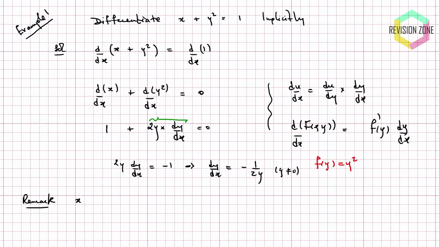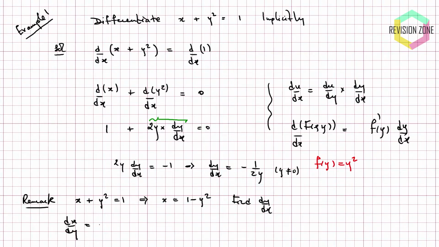So let me go back to what we had, and let me rearrange this. Perhaps the easier way is to say x equals 1 minus y squared, and then I want to find dy by dx. Because I've got a function of x in terms of y, I can easily write down dx by dy.